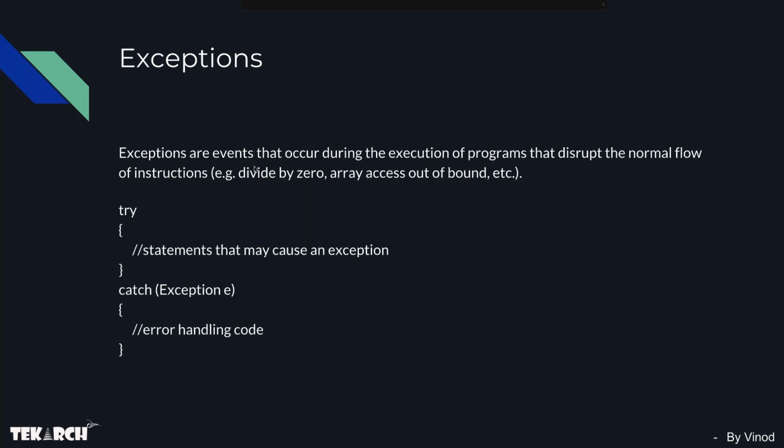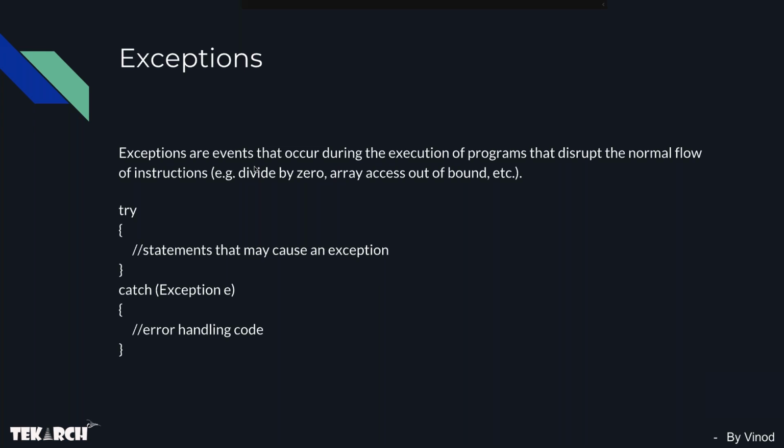All right, now when you have an exception in Java, you can handle it. The way you can handle it is by a try and a catch block. Now Sheetal, can you tell me what is a try and what is a catch block?